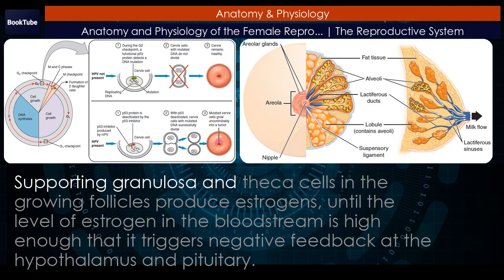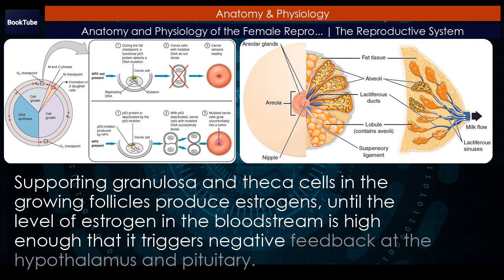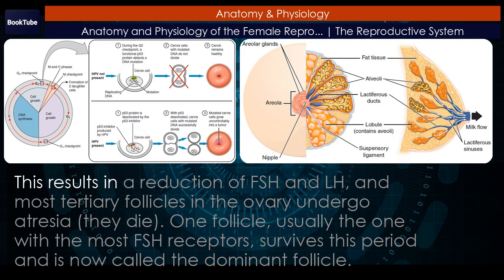Supporting granulosa and theca cells in the growing follicles produce estrogens, until the level of estrogen in the bloodstream is high enough that it triggers negative feedback at the hypothalamus and pituitary. This results in a reduction of FSH and LH.